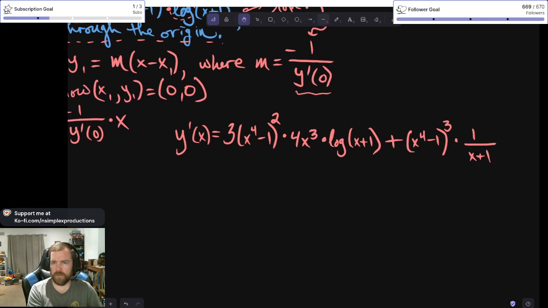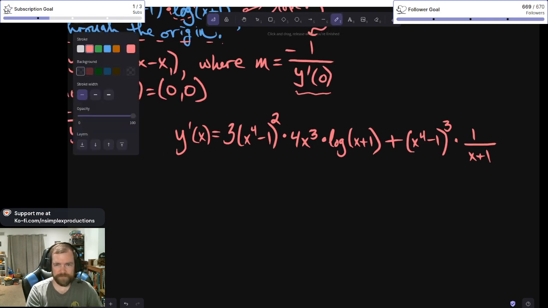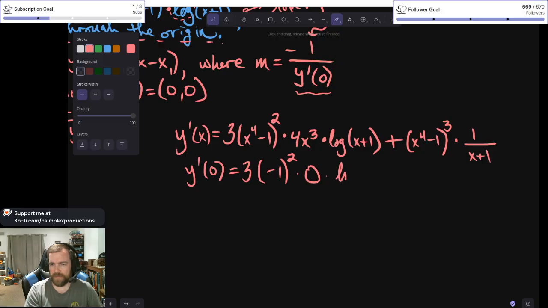So now we got this big thing. Woo. The good news is, right, y prime at 0 cleans this up a bit. So 3 times negative 1 squared times 0 times natural log of 0 plus 1 is just 1, plus 0 minus 1 to the third times 1 over 0 plus 1 is just 1.